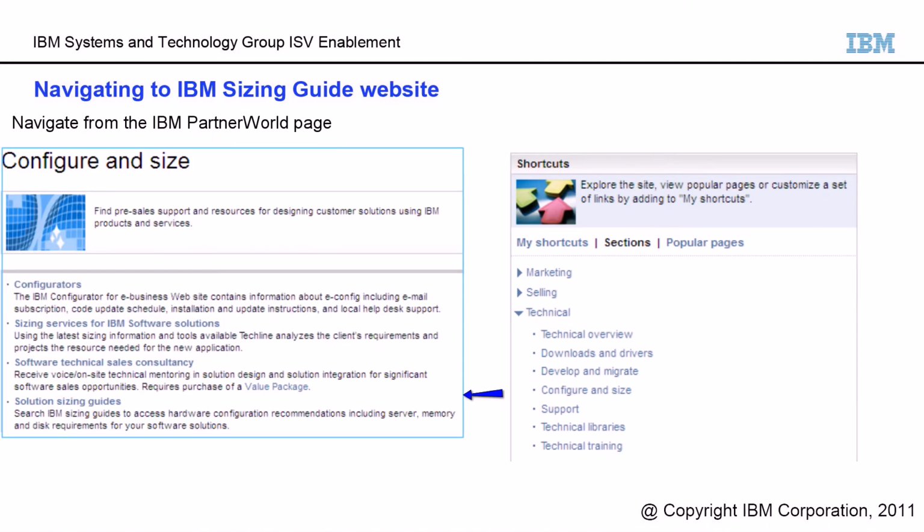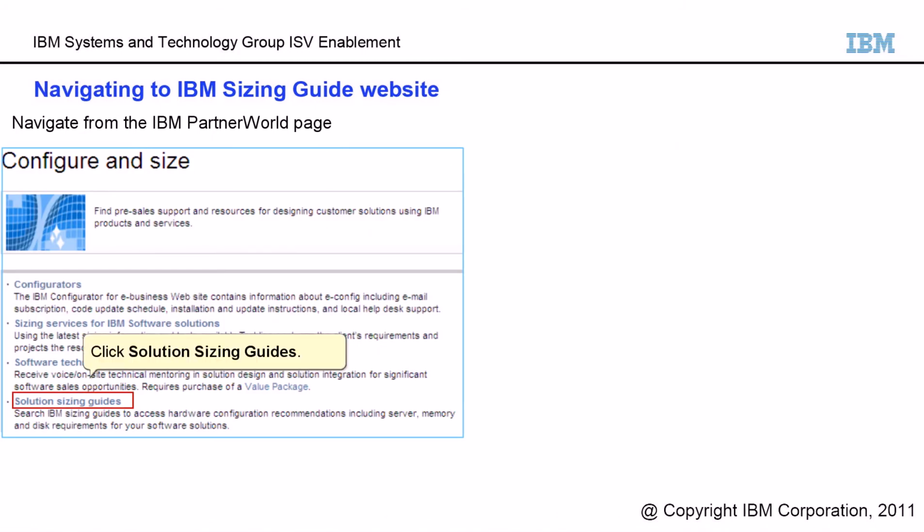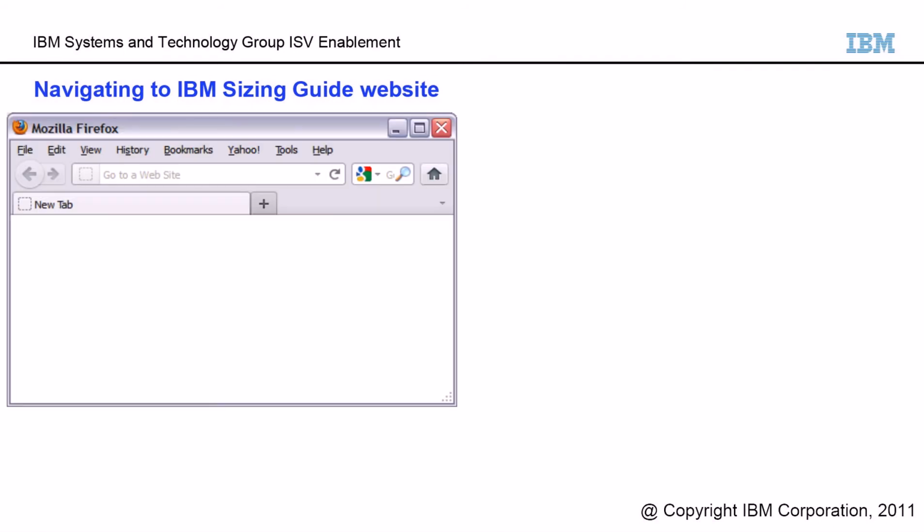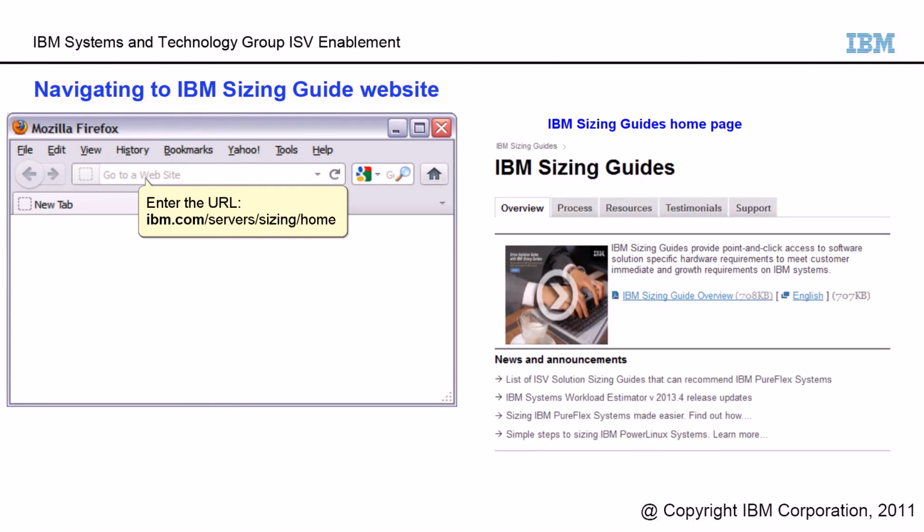On the Configure and Size page, click Solution Sizing Guides. The Search Sizing Guides page is displayed. Alternatively, enter the URL ibm.com/servers/sizing/home on your browser to display the IBM Sizing Guide homepage.